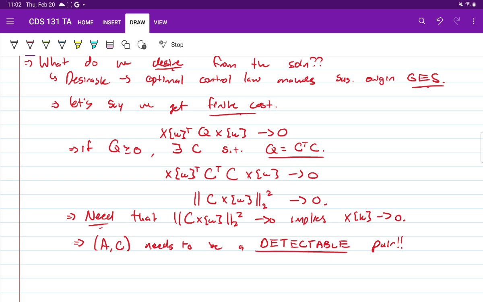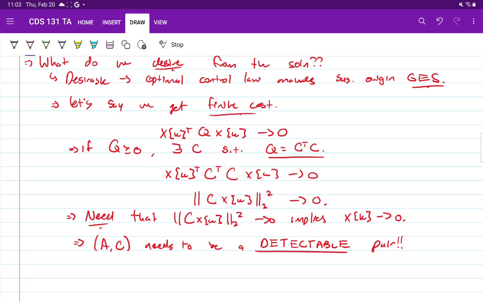So in this case, what do we have? Well, if C times x_k goes to 0, then, if our system is detectable, that should imply that the full state vector x_k goes to 0 as well. Because basically the observable part of the state vector needs to go to 0, because we need to be able to reconstruct the full state from our observations, or at least the unstable piece of our state.